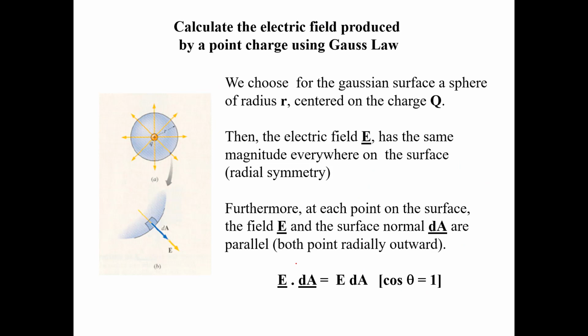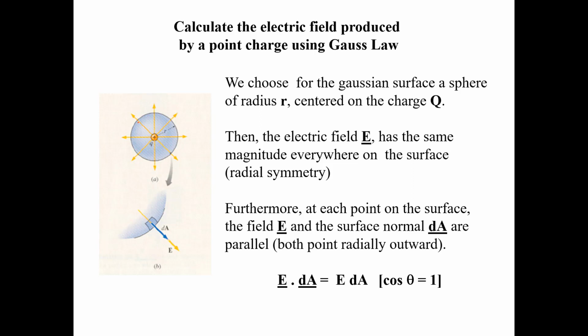Okay, so here, calculate the electric field produced by a point charge using Gauss law. So for a point charge, positive point charge, we know that the electric field lines, or the electric field, is directed radially outward, or it is spreading out from the charge.